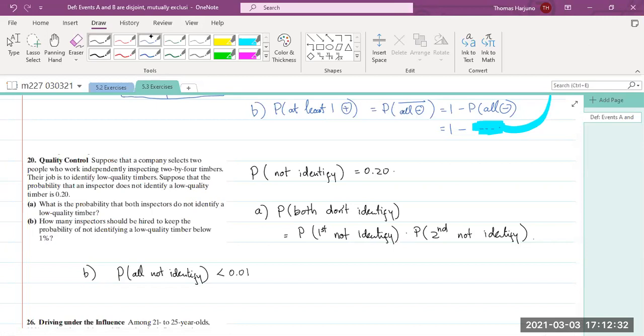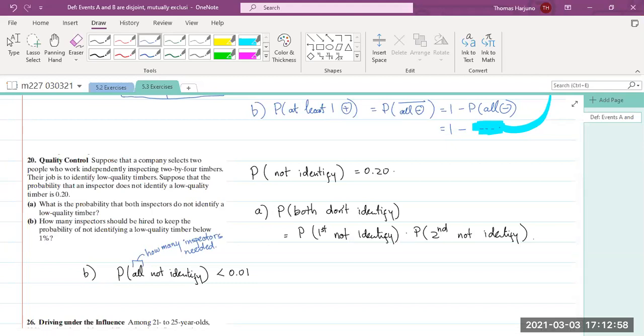The question is then, how many inspectors are needed?